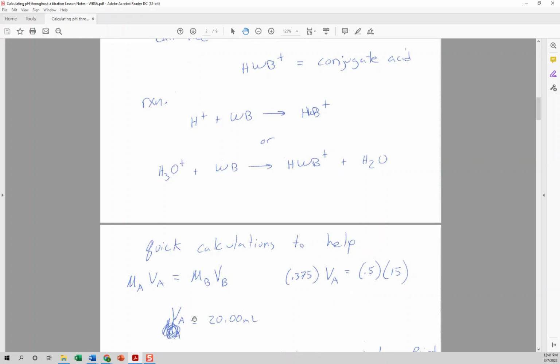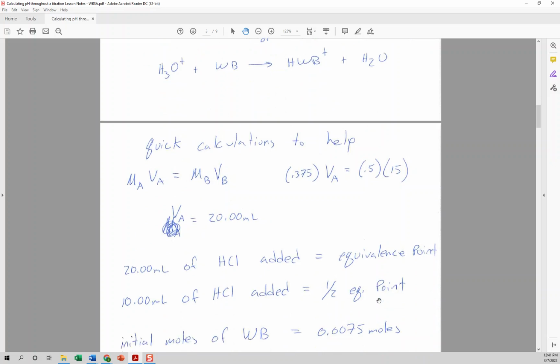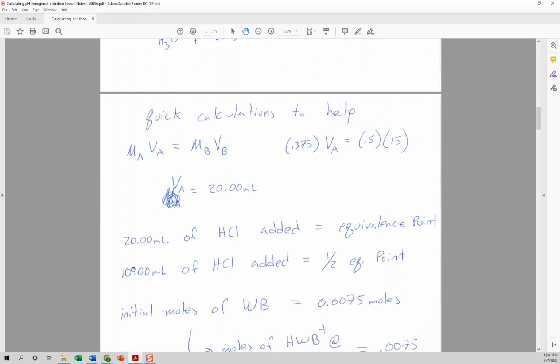And so that means 20 milliliters of HCl added is going to be our equivalence point. So real quick, half of that would be the half equivalence point. Okay, so we did MAVA equals MBVB to figure out the volume of acid needed to reach the equivalence point. And if we divide that by 2, that's the volume of acid needed to reach the half equivalence point.